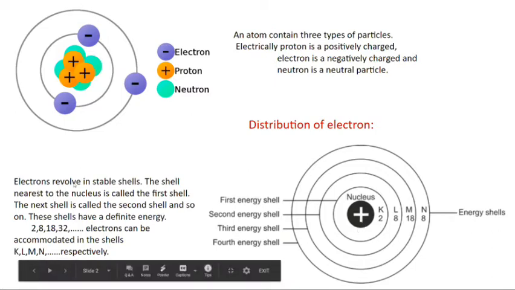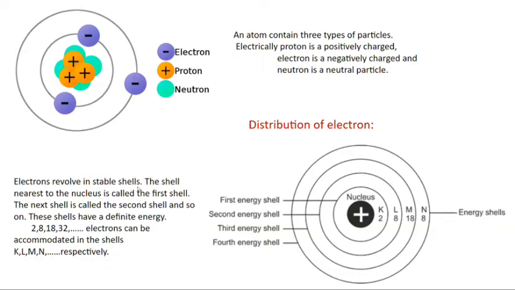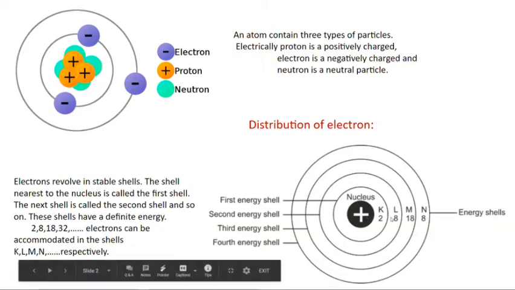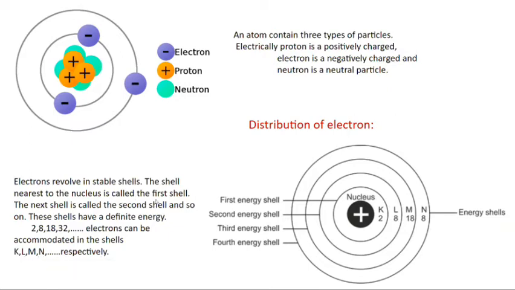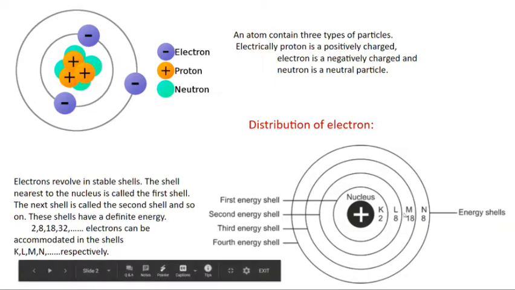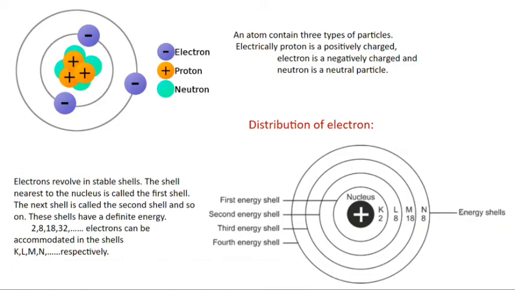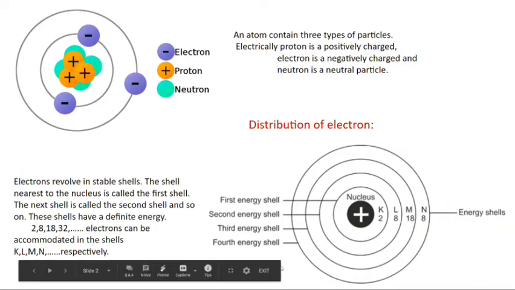So electrons revolve in stable shells, and this is the first shell nearest to the nucleus. So it is called the first shell. The next shell is called the second shell. This is third, this is fourth, and so on.